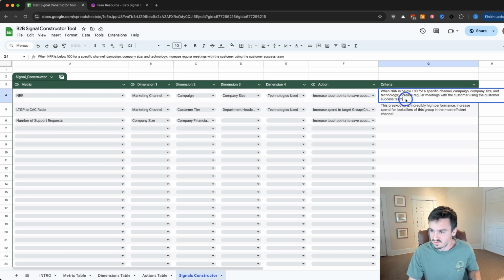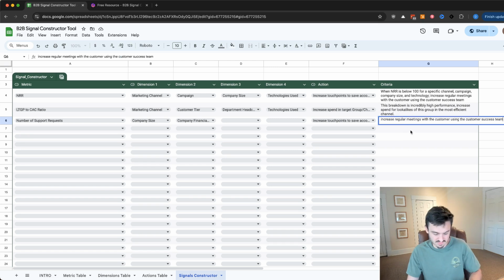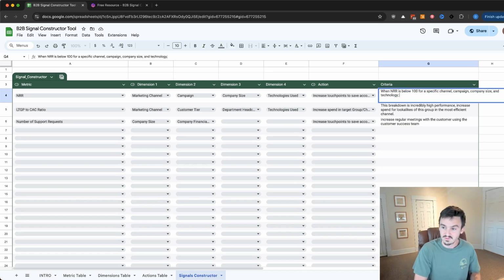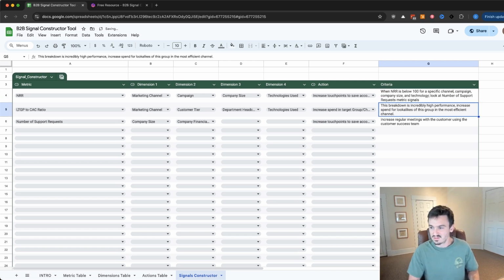And so maybe we would switch this up and we would say increase regular meetings here. And then this would be look at number of support request metric signals. And so instead, this is just a go-to. You're looking at this one after you see that the NRR is below 100.